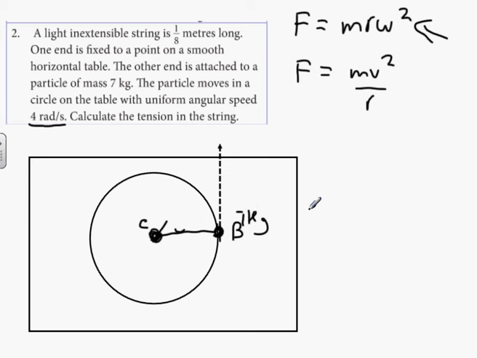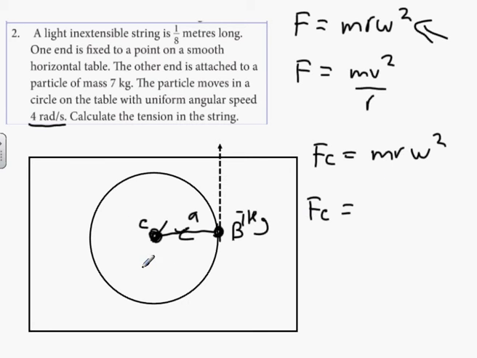What we're going to do is, our acceleration is directed in towards the center of the circle, and so is our force. So to start off, centripetal force equals m r omega squared. Centripetal force, therefore, is equal to, anybody? Okay.